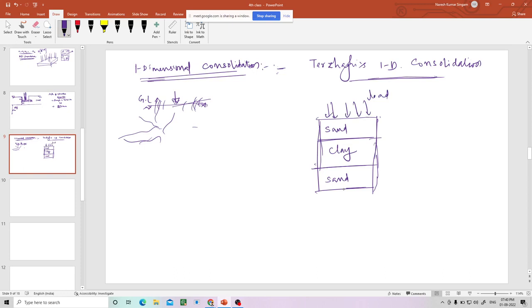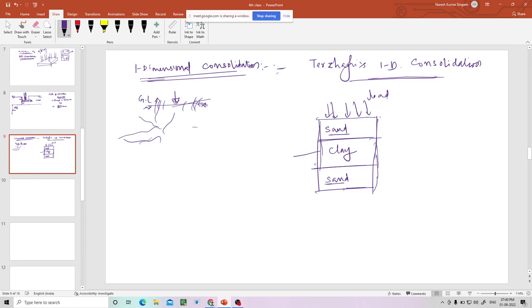Remember, clay takes time for the consolidation, whereas sand doesn't take much time to get consolidated, because sand has more permeability and it will expel the water out within very less time. You can say within some hours it gets consolidated. That is the reason why we don't talk about consolidation generally in sand, whereas clay takes years.